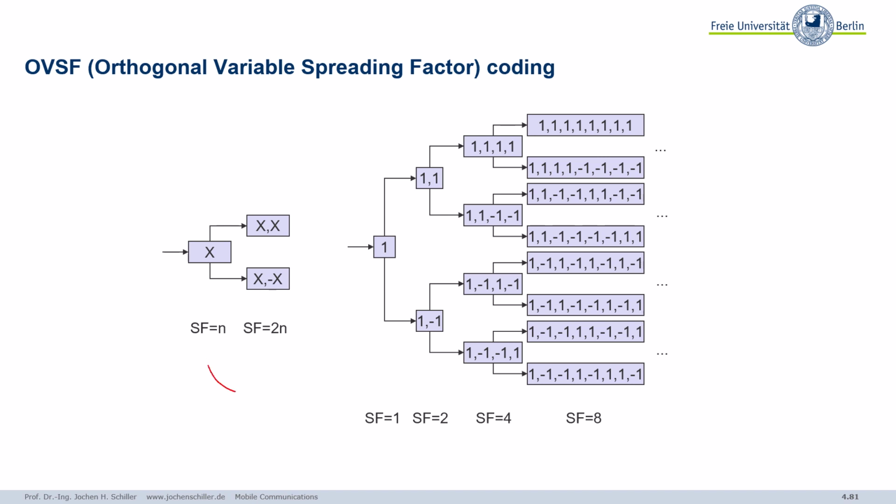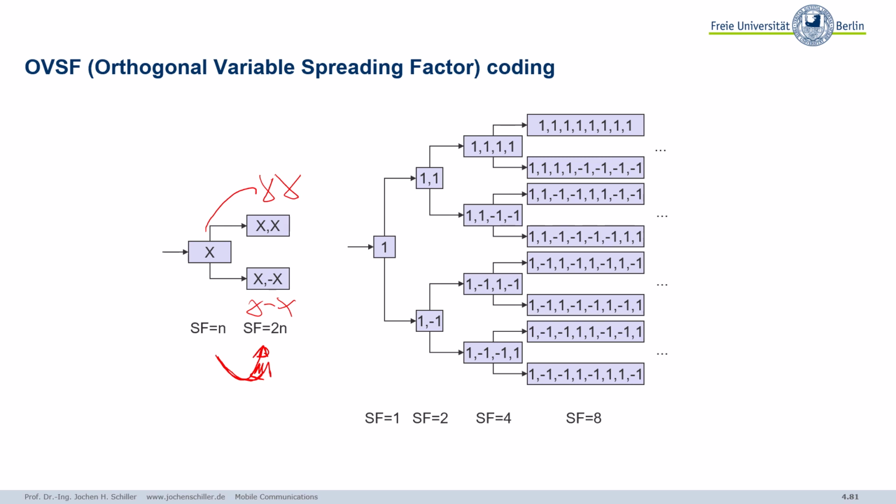If you want to double your spreading, and you see from this scheme you cannot have arbitrary spreading, you construct the child nodes in a very simple way by concatenation. So concatenation XX or X and then all bits flipped. That's the way how you actually construct the child node from the parent node in this tree. So on the right hand side you see the example. This is implemented in all the devices.